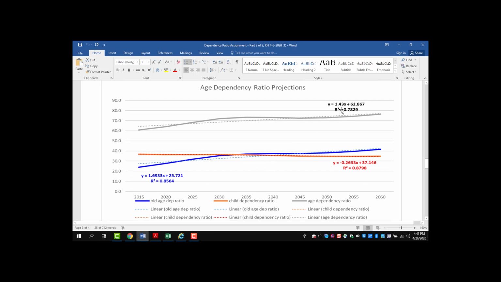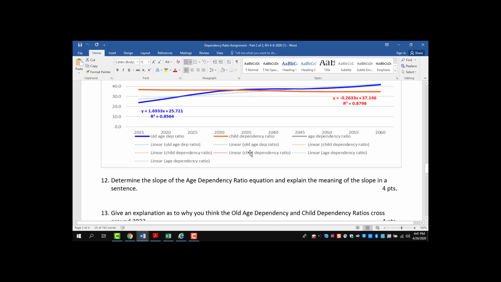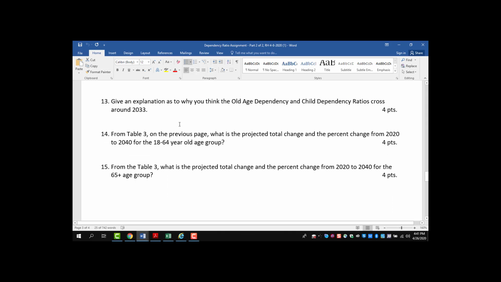Look, the age dependency ratio is increasing by 1.43% per year since 2015 to 2060. And you might say, is expected to increase by 1.43% per year. So there's a good hint on that one, which covers that one.